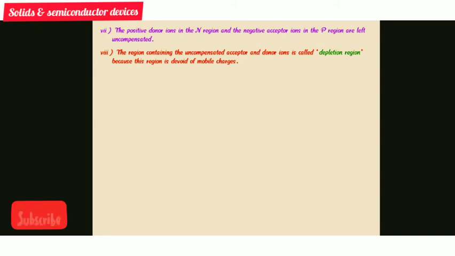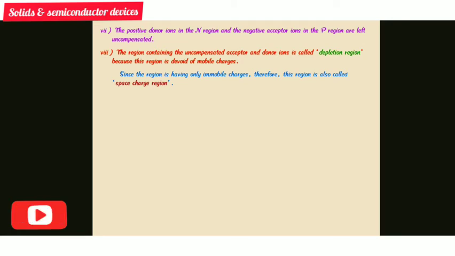Eighth, the region containing the uncompensated acceptor and donor ions is called the depletion region or depletion layer because this region is devoid of mobile charges.